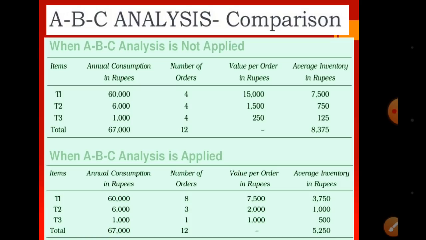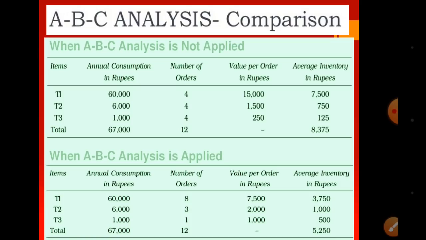Average inventory in rupees, that is half of the value per order in rupees: for T1 7,500, for T2 750, for T3 125. The total value is 8,375.